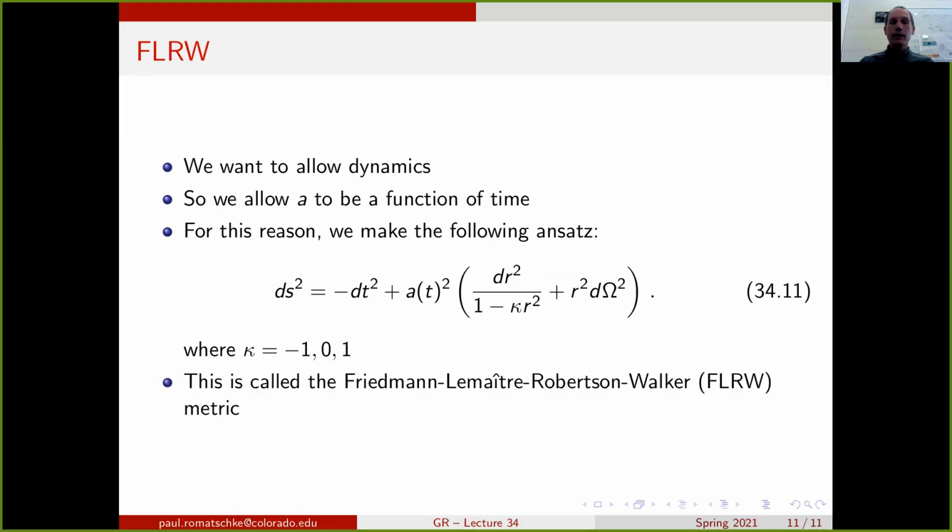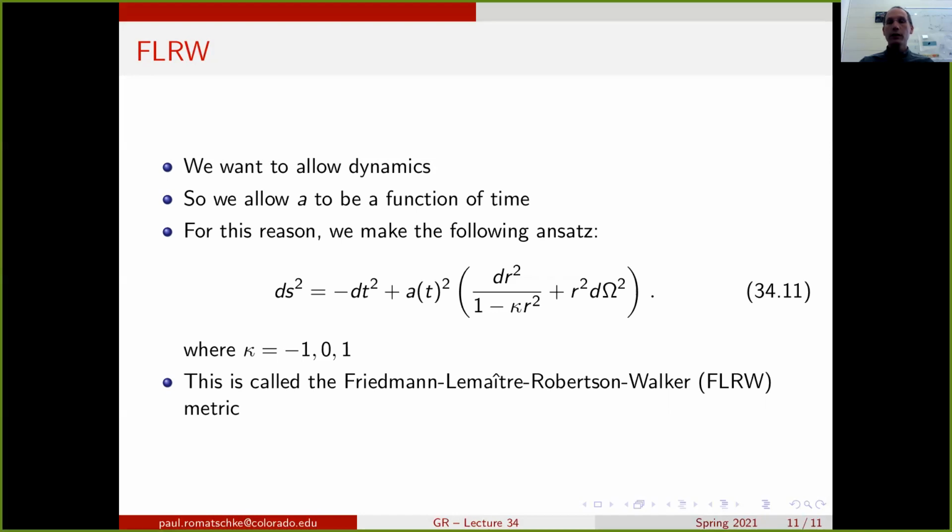This ansatz is called the Friedmann-Lemaitre-Robertson-Walker, or FLRW metric, because of the gentlemen that in various forms have come up with an ansatz like this in the past. The FLRW metric provides the basic building block for doing cosmology.